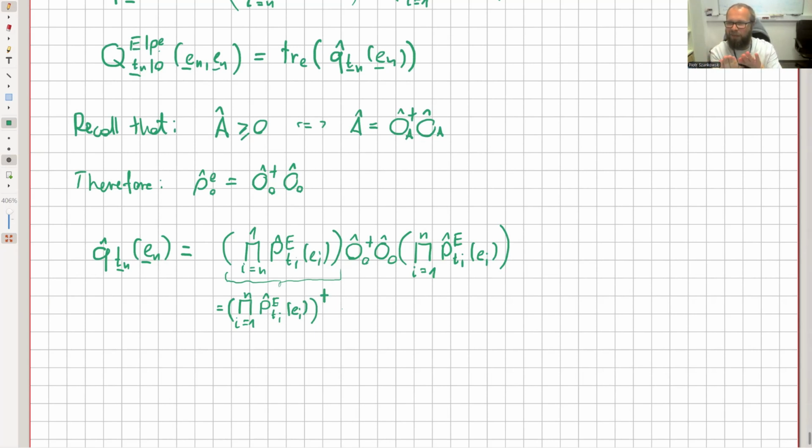Because what dagger would do is reverse the order of all the operators in the product and apply dagger to each operator in the product. But projectors are Hermitian, so dagger does nothing. So daggering the left sequence produces the right sequence.